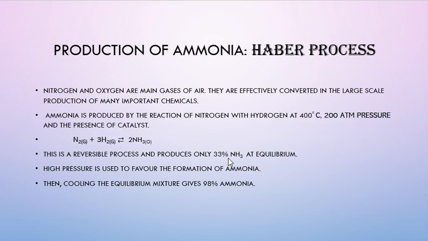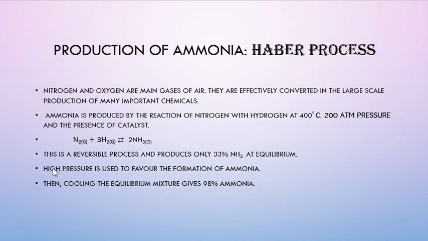If he has better knowledge of this equilibrium constant and conditions, he is well aware of the reaction conditions, at what temperature, what conditions, which catalyst is going to favor this reaction. If he has all this knowledge, then he is able to get a much higher amount of ammonia.